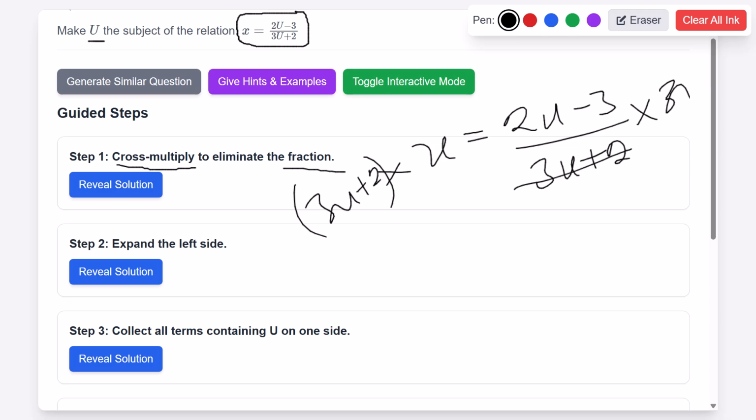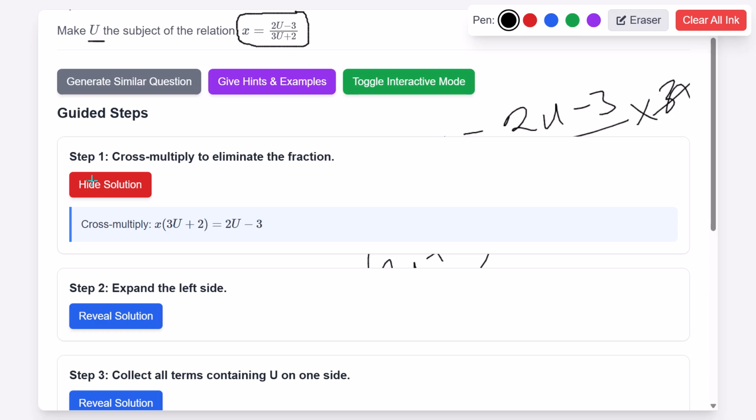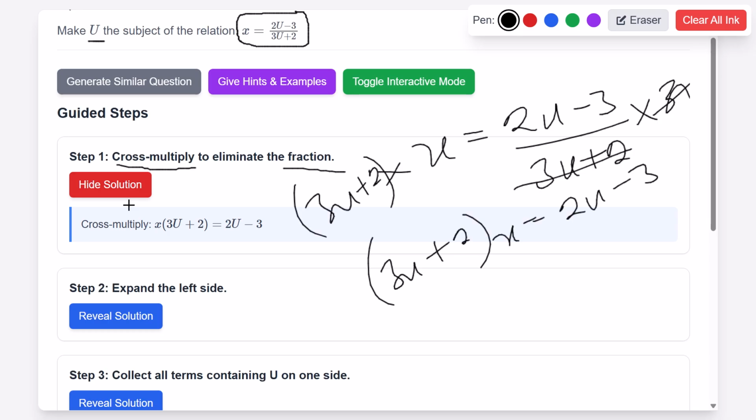So this will end up cancelling this over here, and I will be left with 3u plus 2 times the x is equal to 2u minus 3. And that is the first step that we are supposed to do. So as you can see over there, that is what we have. Okay, so we do our cross multiplication.